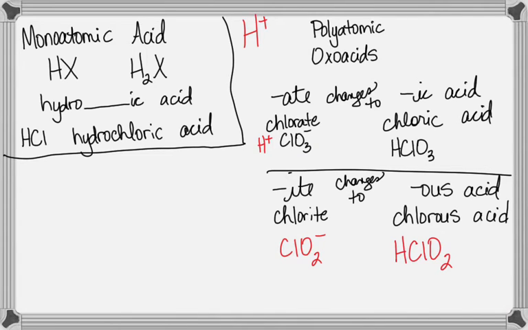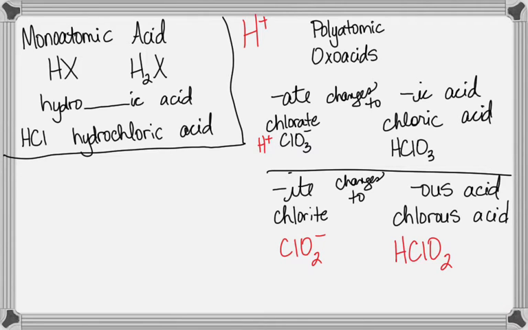Look at your sheet, the back sheet that says write formulas for the following acids. Everybody still have that? The first one on your sheet names sulfuric acid. Looking at your notes on your paper or looking up here, when it names sulfuric acid, do you guys see that's a polyatomic acid because it doesn't start with hydro?